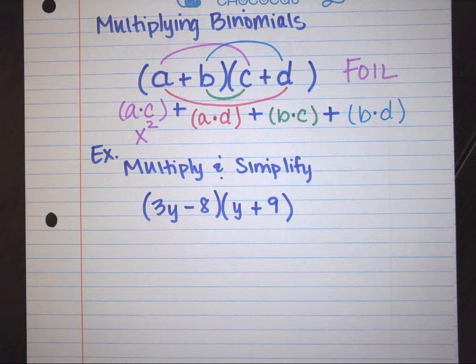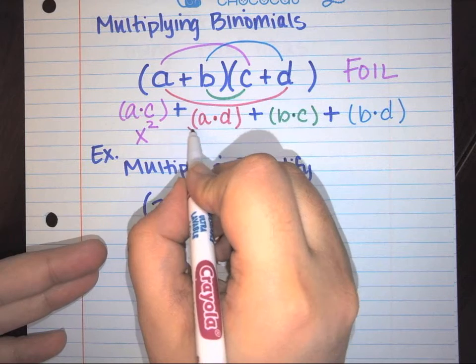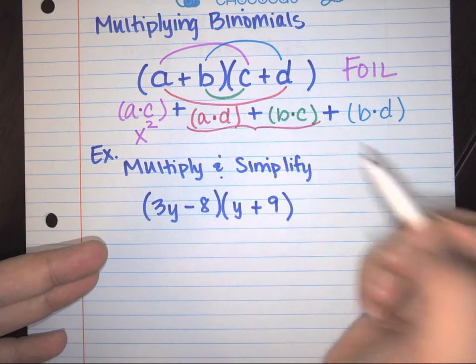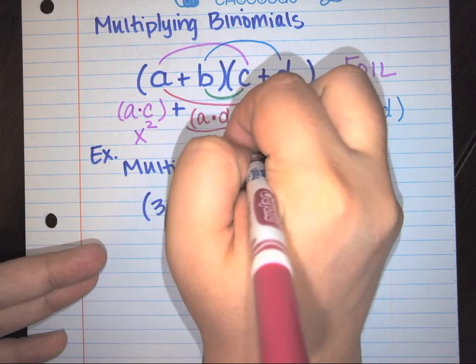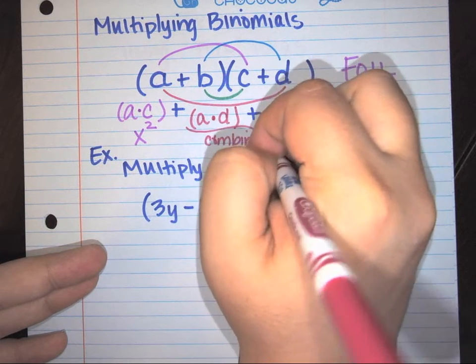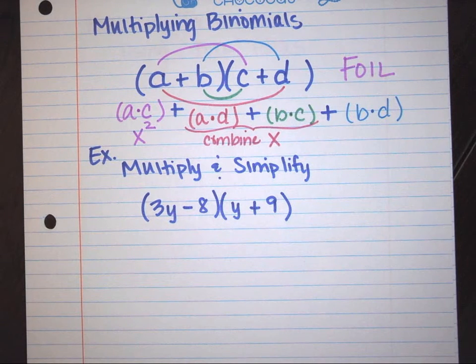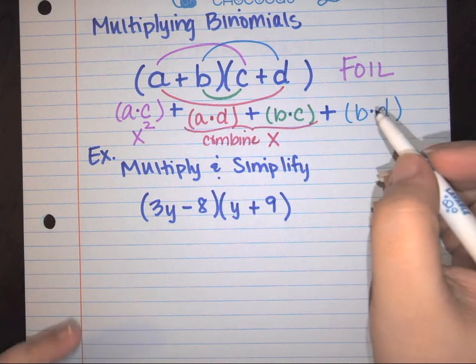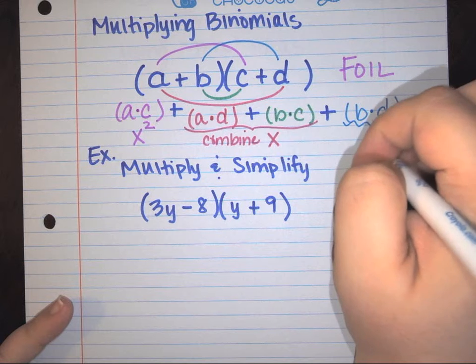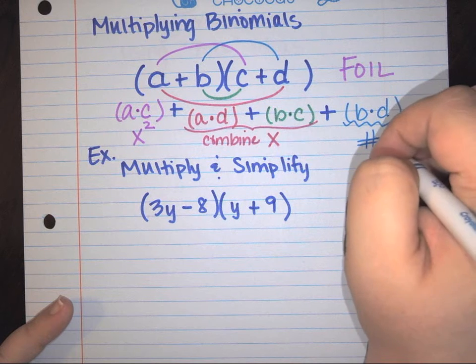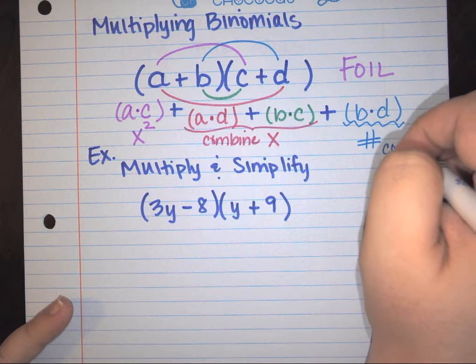Your middle term, so this one right here, is actually going to combine, and it's going to be your single variable term. Your last term, so this one right here, is going to give you a number. In other words, it is a constant.